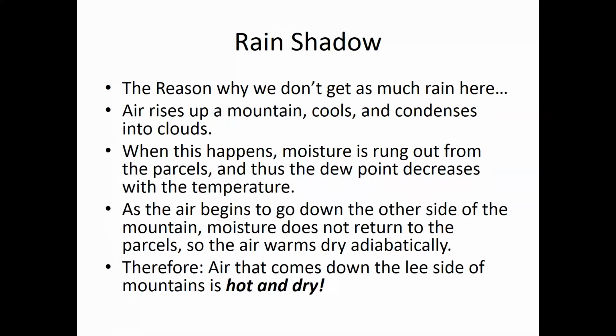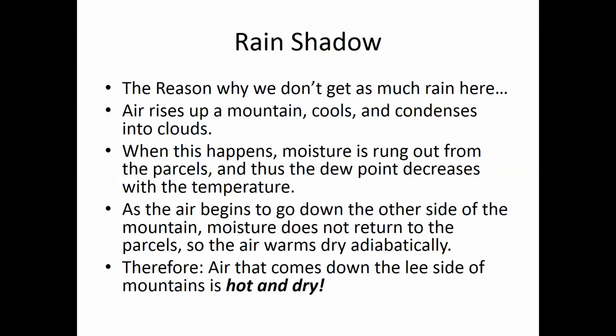So what's actually happening is as air rises up and over a mountain, it actually loses moisture. Now this isn't a problem for saturation because the air is getting colder, therefore the dew point's getting colder, so the air remains saturated, but it loses moisture. And it'll keep losing moisture until it stops cooling.